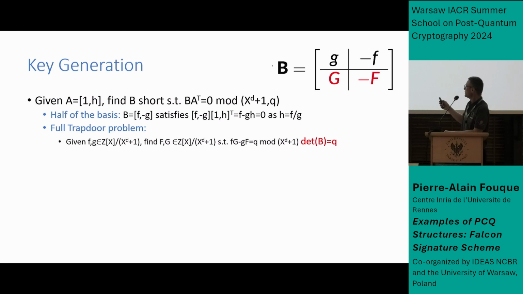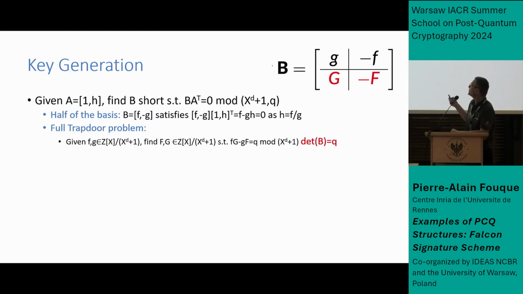Since we know the matrix A has only Q on the diagonal and 1 and 0 on the other part, if you compute the determinant of this 2 by 2 matrix, you get Q.